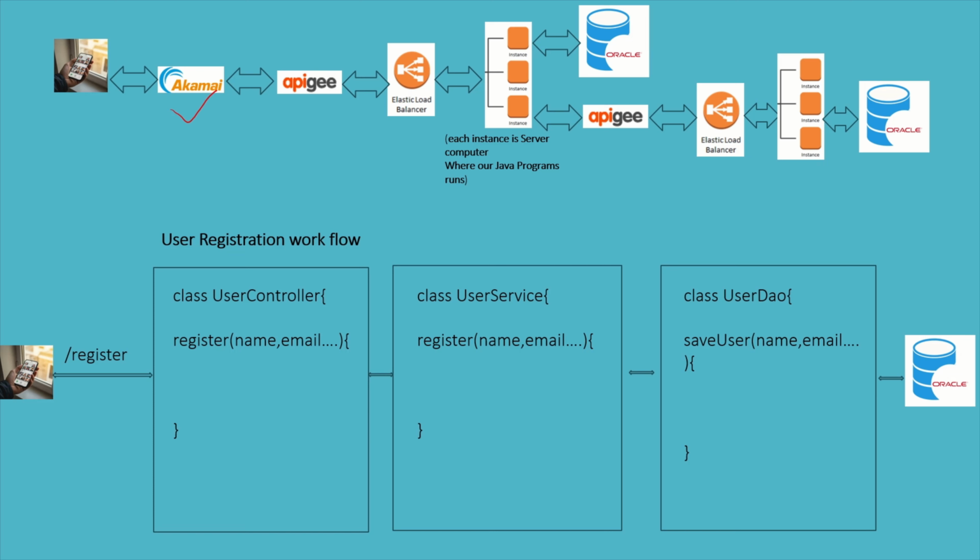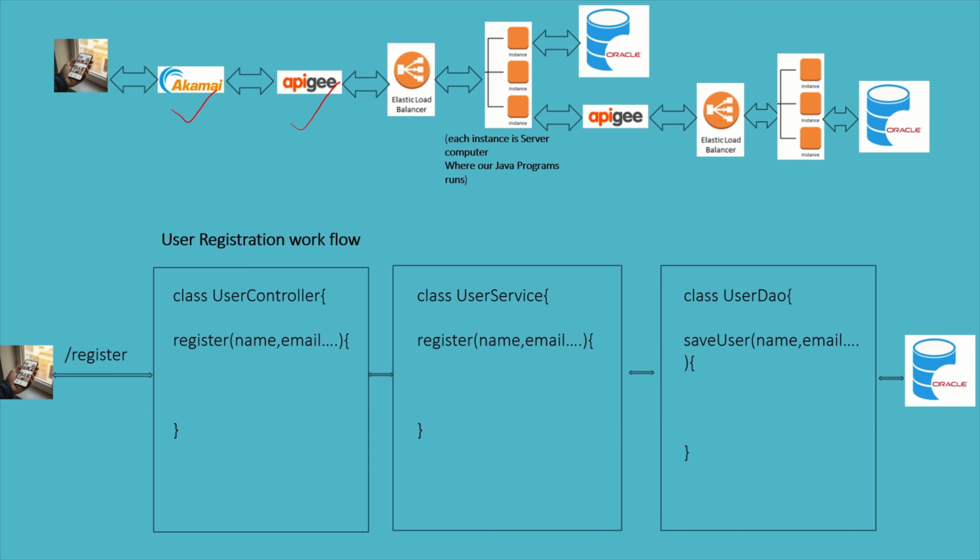It's a content delivery network, and that speeds up content delivery and reduces latency. From there, it's routed to an API gateway, which is responsible for routing, security, and analytics.